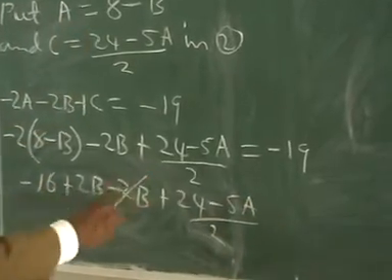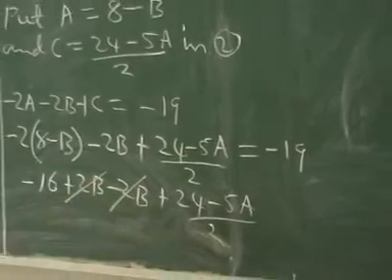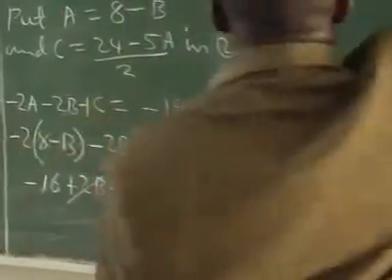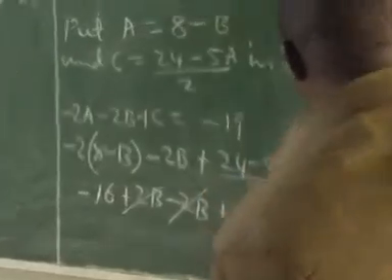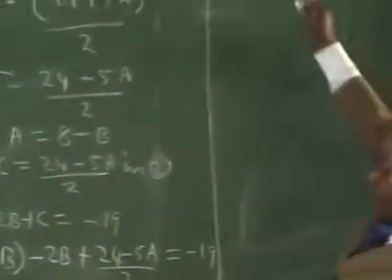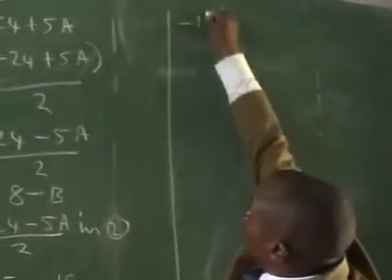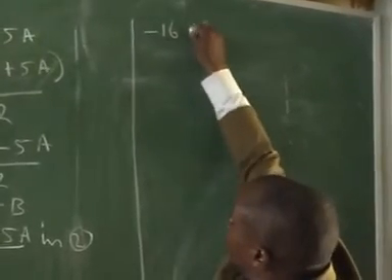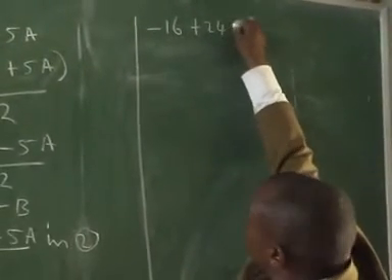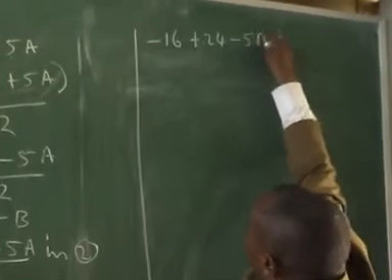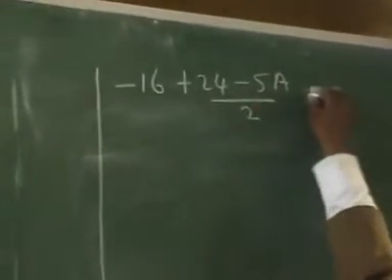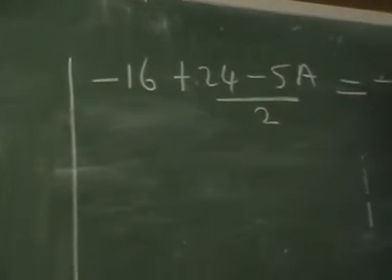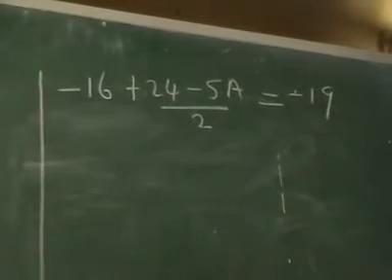Of course, this and this can go. So what we have becomes minus 16 plus 24 minus 5a all over 2 is equal to minus 19.